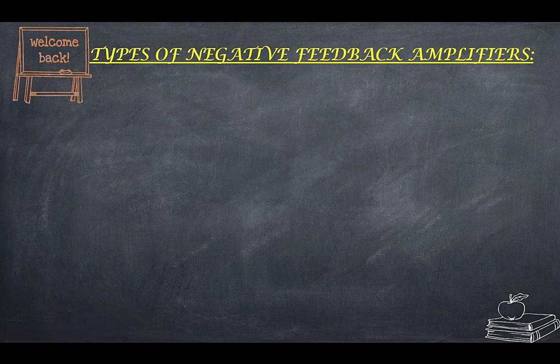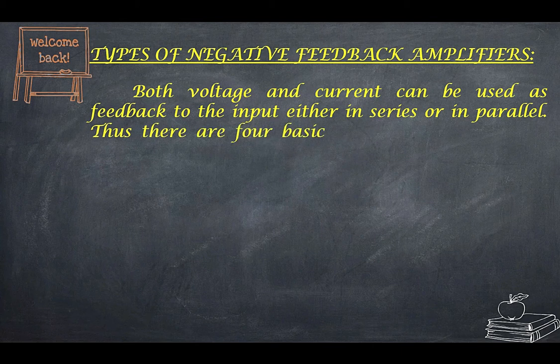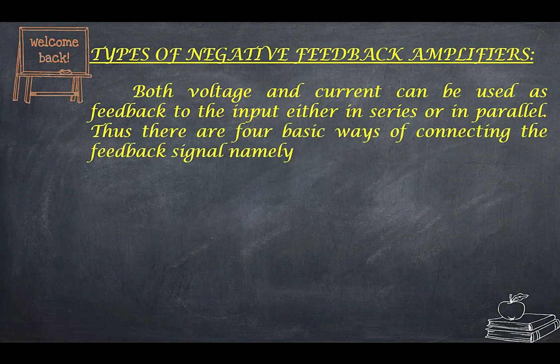You know there are two parameters, voltage and current mainly. So in feedback amplifiers also we can use voltage or current as a feedback signal. Both voltage and current can be used as feedback to the input. Again, there are two types of connections, either in series or in parallel.